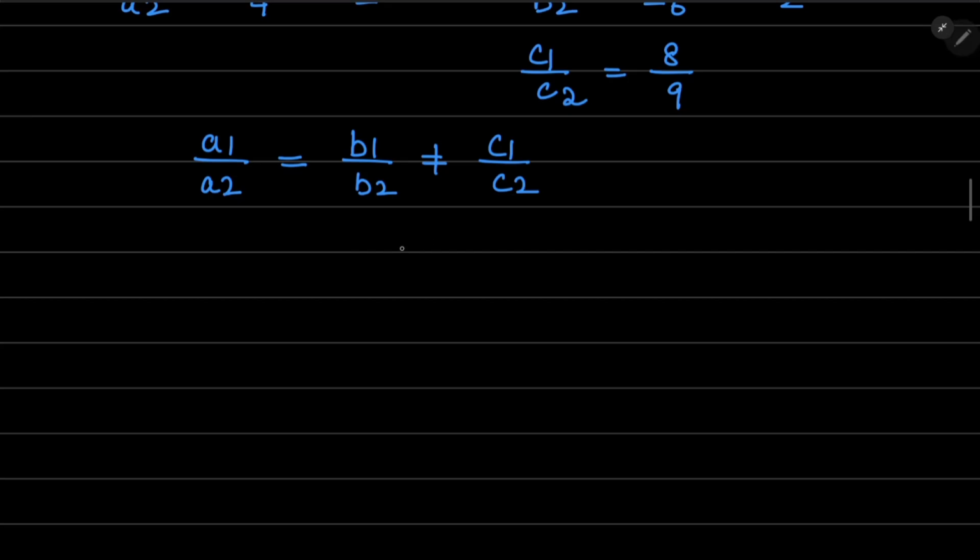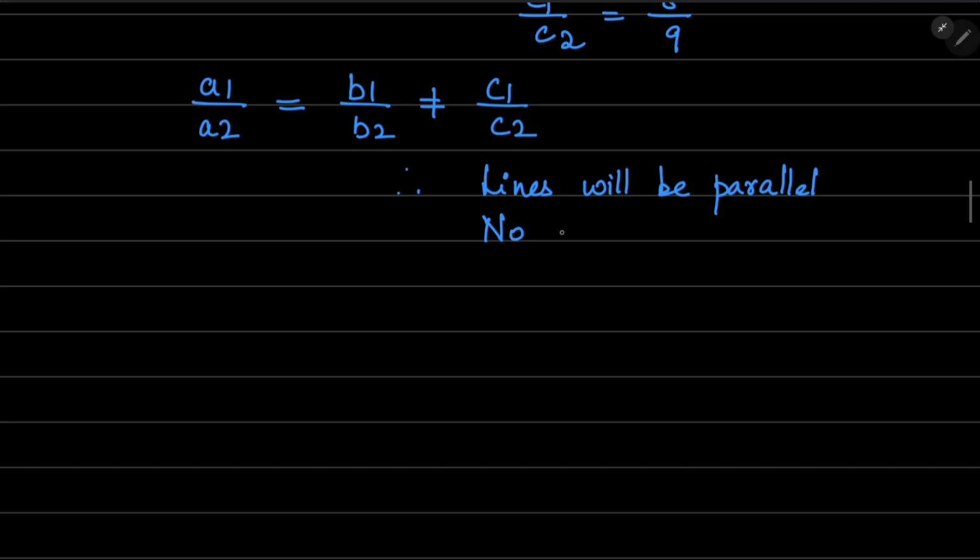So here this is a condition of no solution, right? Here the lines will be parallel. They will not have any solution, and the system is inconsistent.